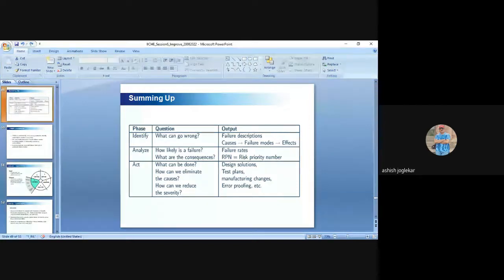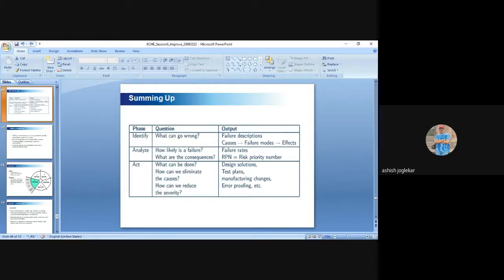So once we do FMEA, we have got all these tools, statistical tools, or FMEA. These are called prioritizing tools, where we prioritize which are the main causes that are affecting my product performance.